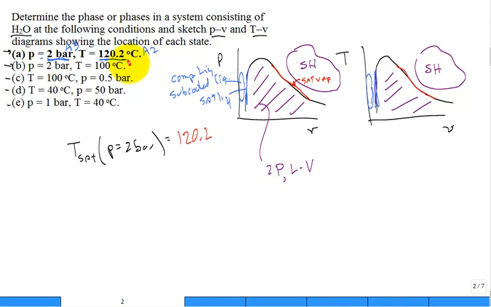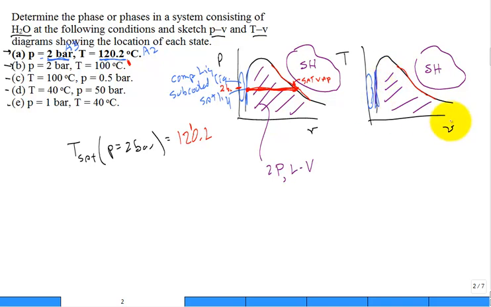And so this temperature matches that temperature. It could be anywhere on a line of constant pressure of 2 bar from saturated liquid all the way to saturated vapor. Anywhere in there. You can't be any more specific than that. It's somewhere in that two-phase region.